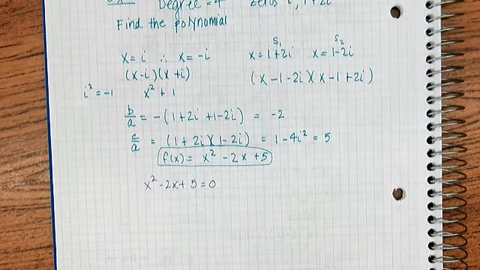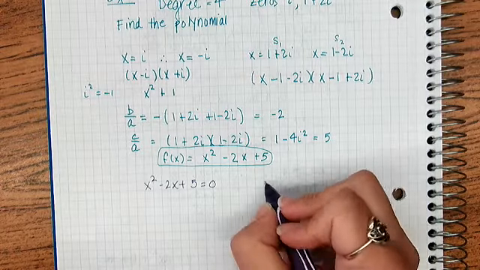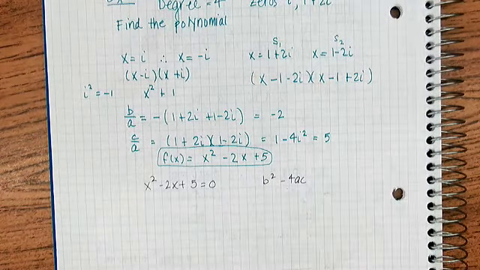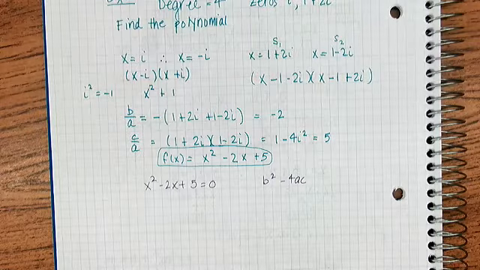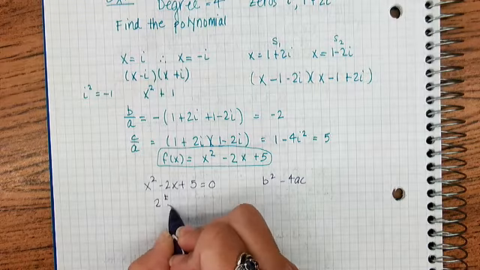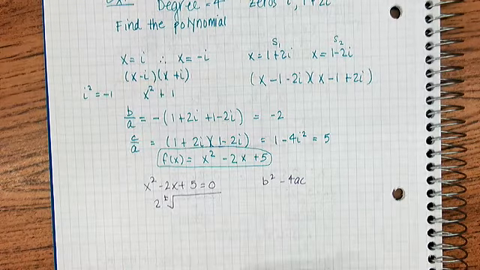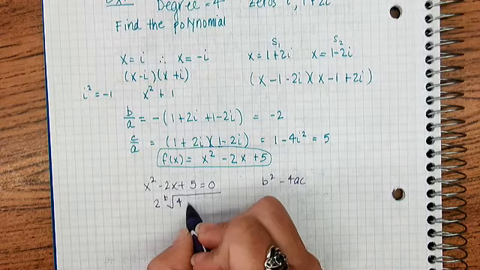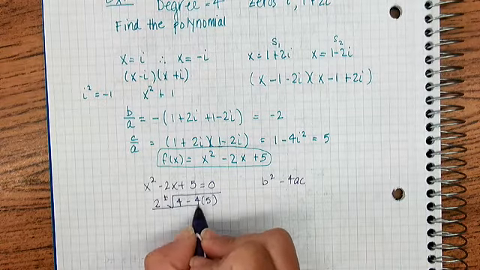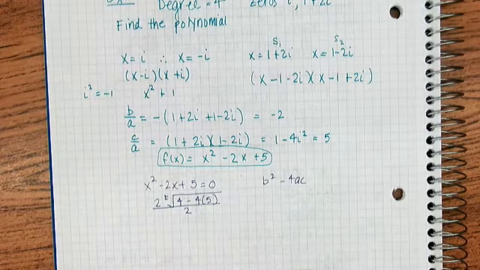The discriminant, b squared minus 4ac, is negative. Your only choice is to use the quadratic formula. 2 plus or minus the square root of b squared, which is 4, minus 4ac, all over 2a.